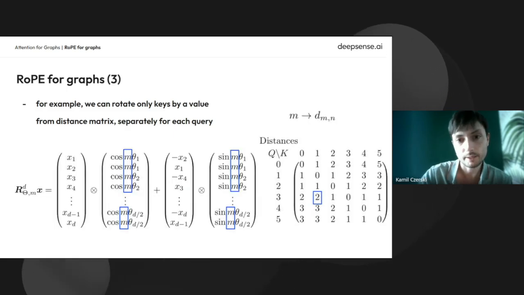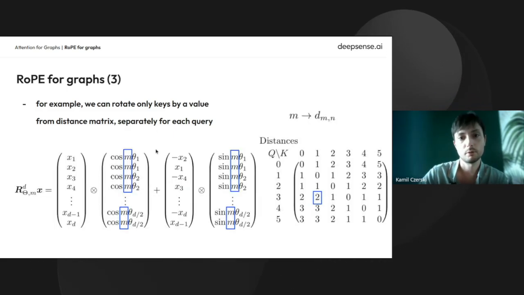And here is the entire formula from the original RoPE applied to graphs. The only difference is how we treat the m. We took m not from the relative position distance, but directly from the distance matrix, depending on which attention score cell we are processing. Here you have written down all features.